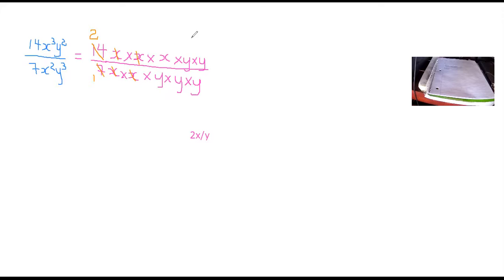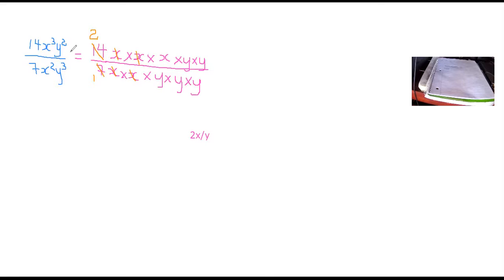So let's look at y's now. I can't cancel down any more x's. There are no further common factors in terms of x. Moving to my next variable, in my numerator I have y by y, and in my denominator y by y by y. So I have y squared and y cubed.